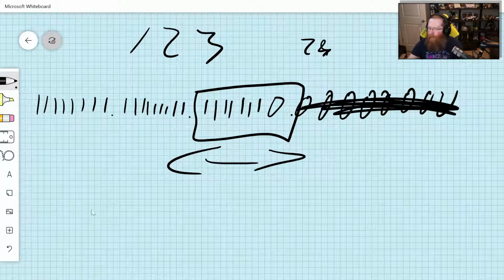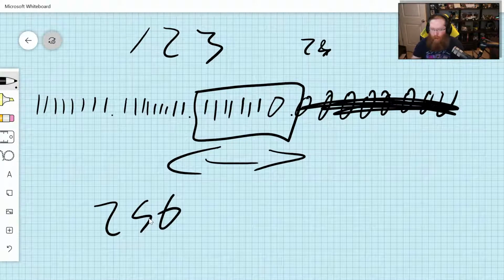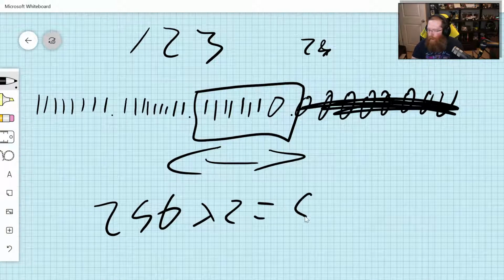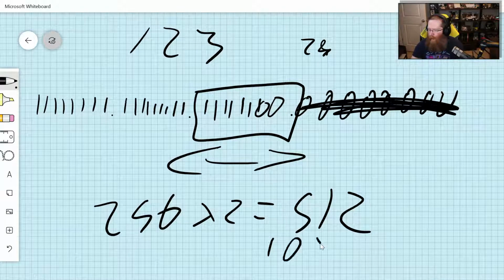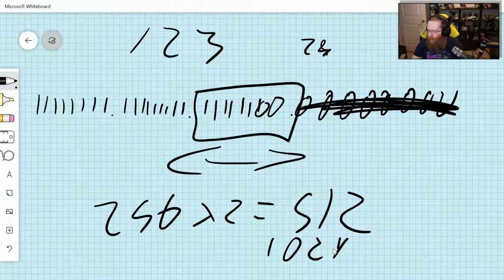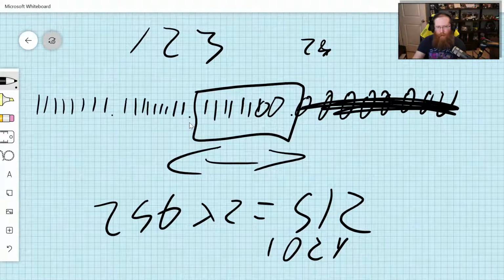So if 256 was what we had at /24, if we double that, we're going to get 512 for our /23. If I move one more, I would get a 1024, and then a 2048. So the more to the left we move, the more doubling that we keep on doing over that base of a /24.